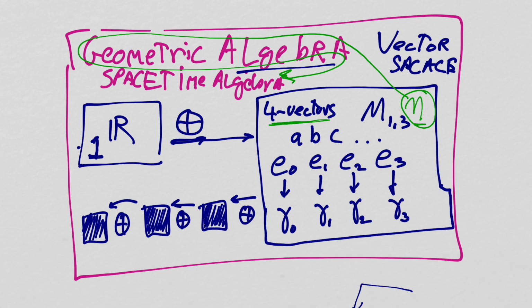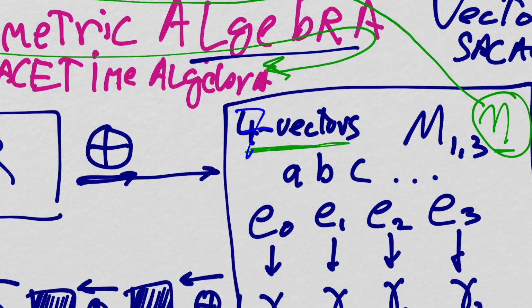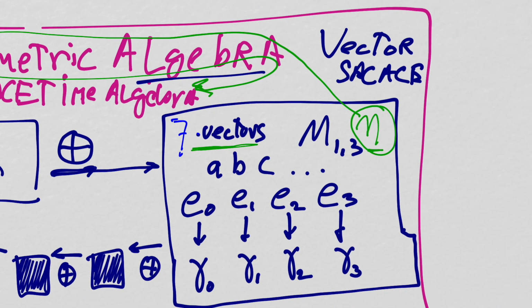Because I could say, well, forget M13. Let's say I want a 7-dimensional vector space, and my metric is going to be some weird 7-dimensional metric. That'd be fine. I would have E0, 1, 2, 3, and then I would have E4, E5, and E6, right?